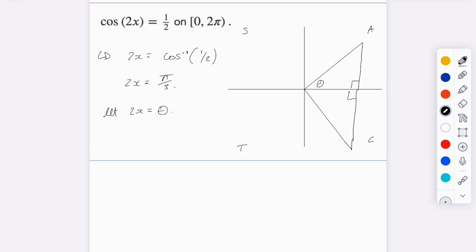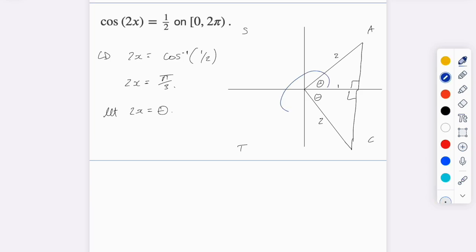We've got theta here and theta here. And what is cos equal to? Adjacent over hypotenuse. Perfect. So our reference angle here is pi over 3. Theta equals pi over 3.